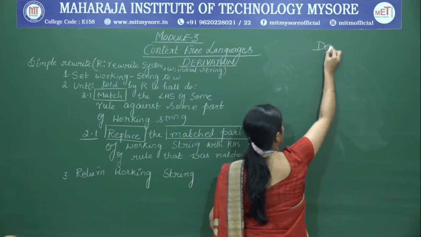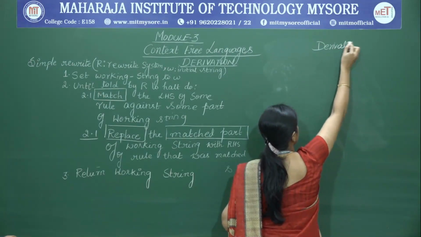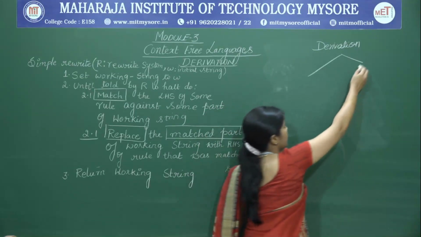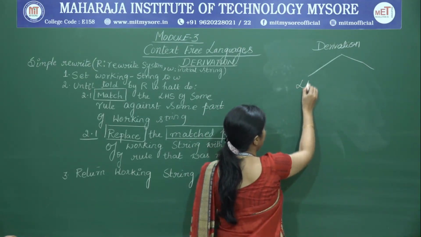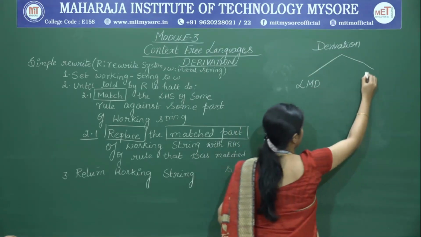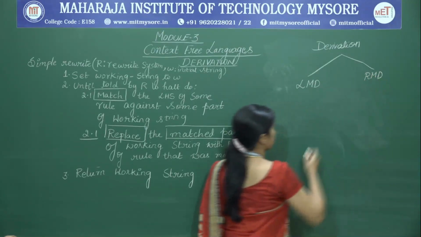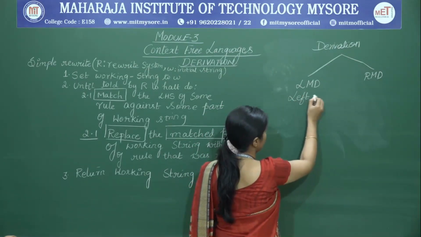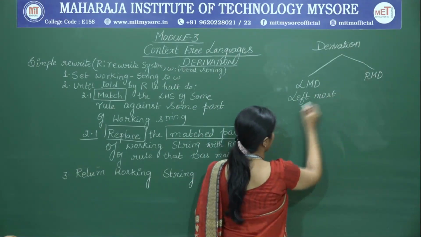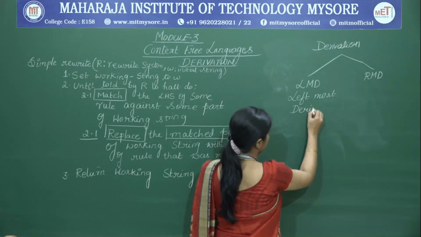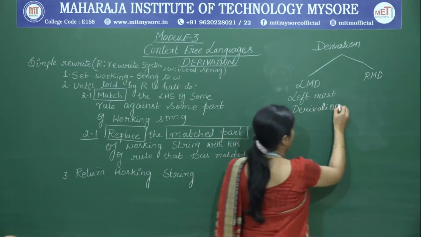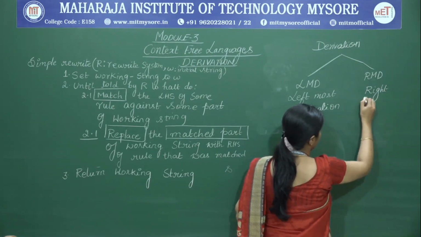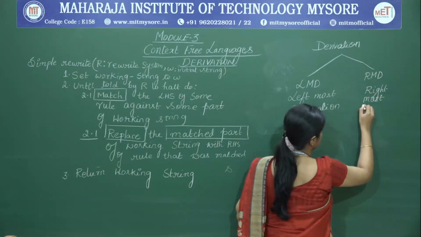Any derivation can be classified into two things: the LMD and the RMD. LMD stands for leftmost derivation, and RMD stands for rightmost derivation.